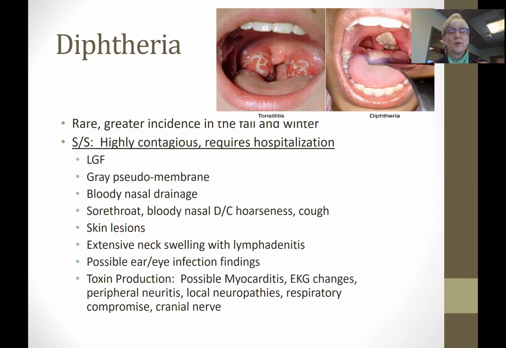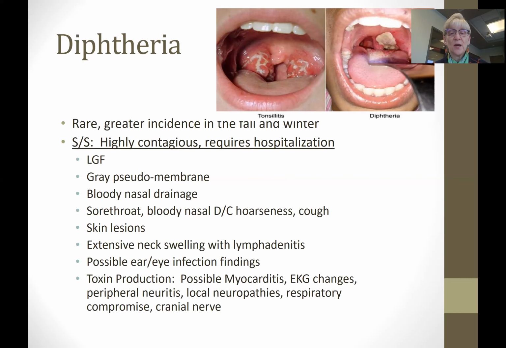So usually it starts out with a low-grade fever, this gray pseudomembrane, bloody nasal drainage can be a part of that, sore throat, hoarseness, cough, skin lesions, neck swelling, and lymphadenitis. Some of these things can be very common with other issues. They may have ear or eye infections with it.